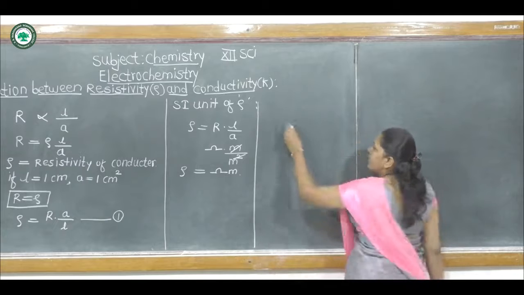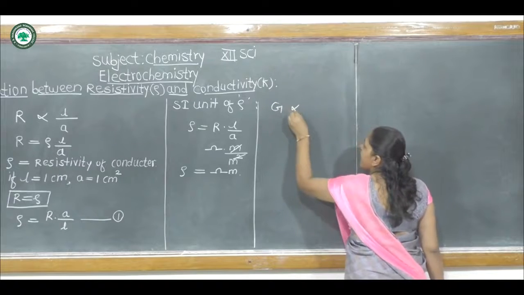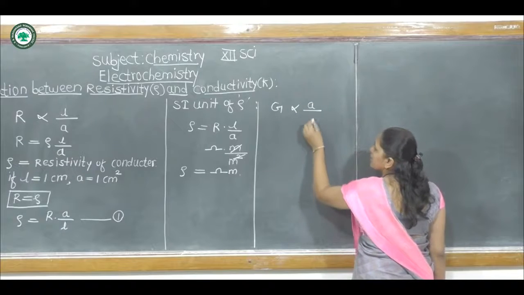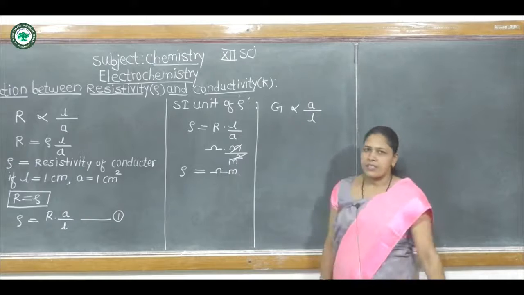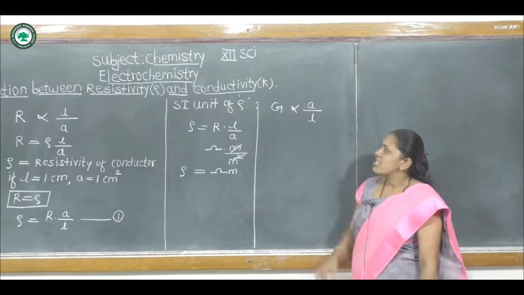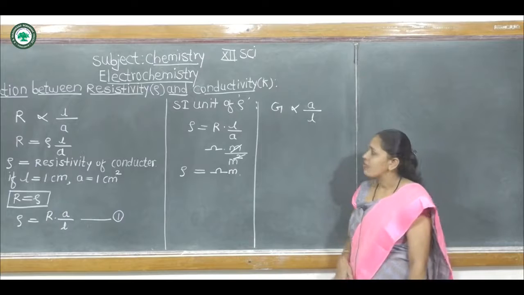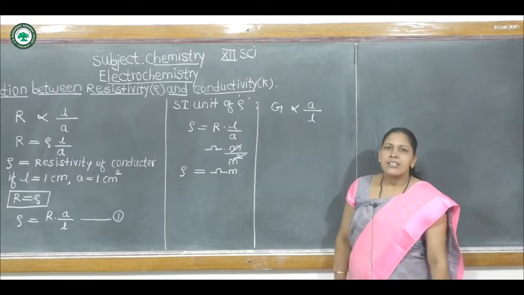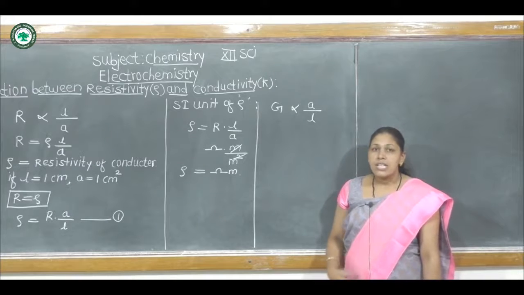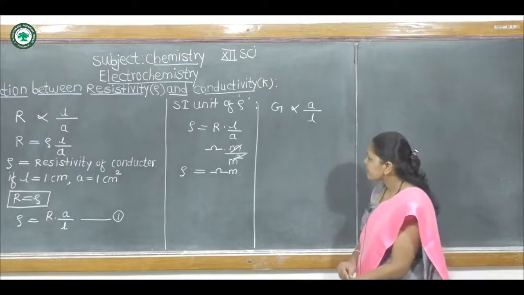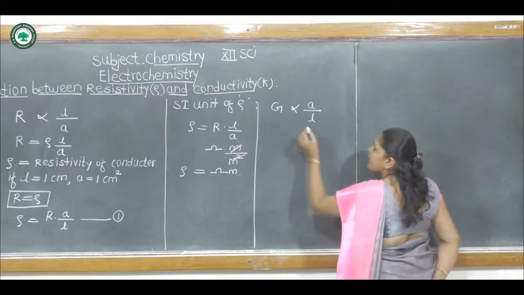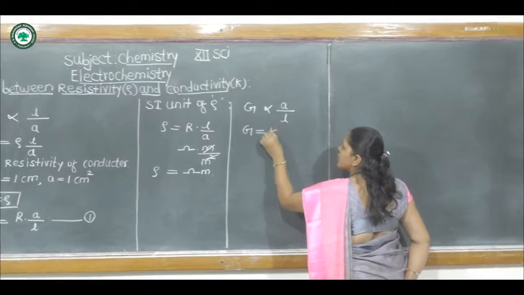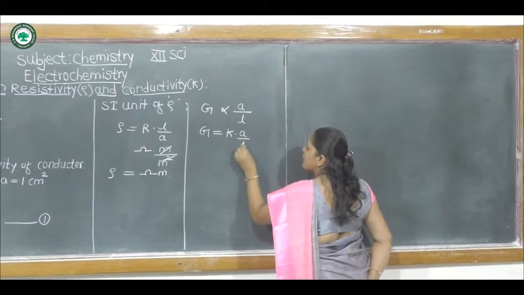Mathematically we can write G is directly proportional to A upon L. Here G is the conductance of an electrolytic solution. We know that conductance is the reciprocal of resistance. Then if we remove the proportionality sign, G is equal to K into A upon L.